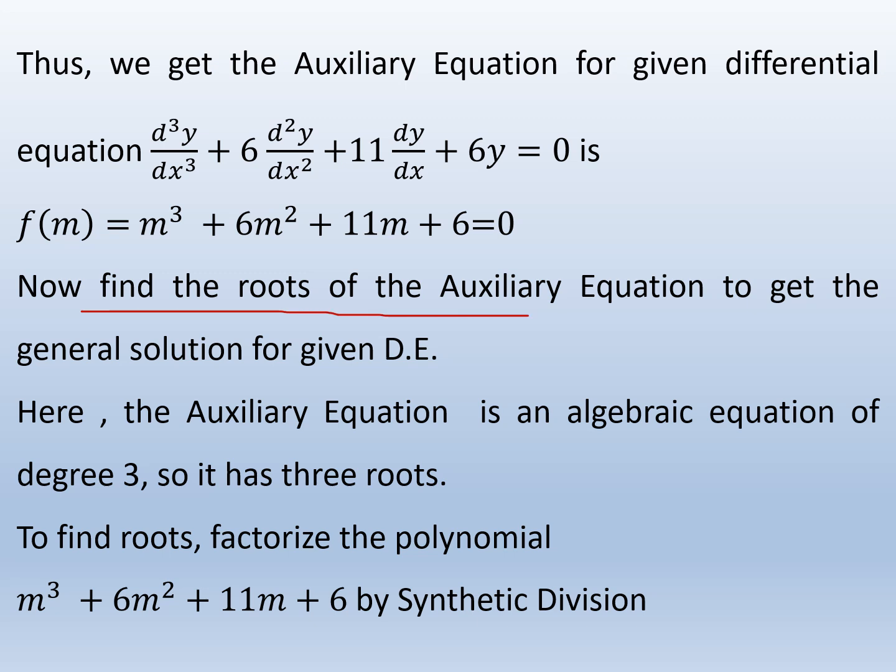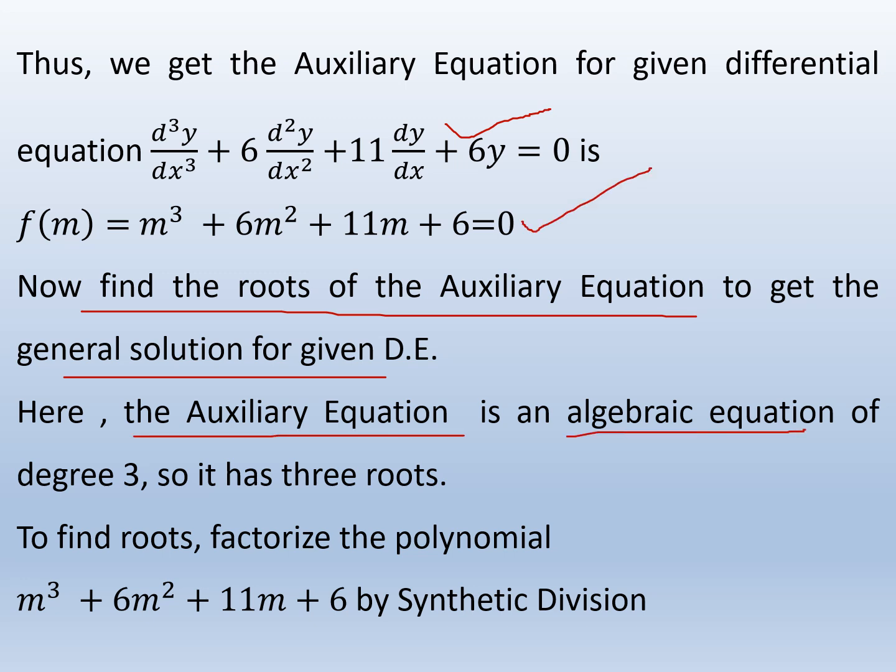Now find the roots of the auxiliary equation to get the general solution for given differential equation. Here, the auxiliary equation is an algebraic equation of degree 3. So, it has 3 roots.